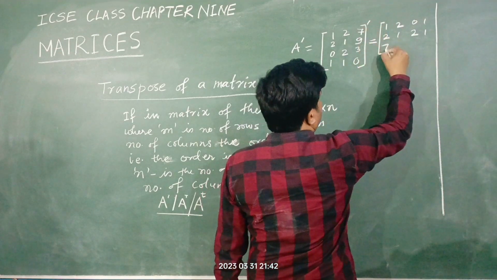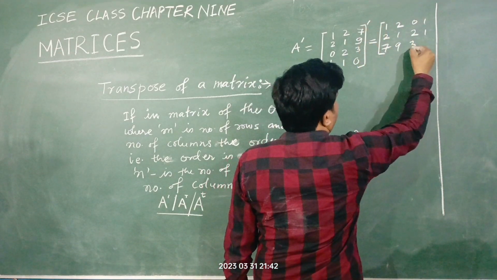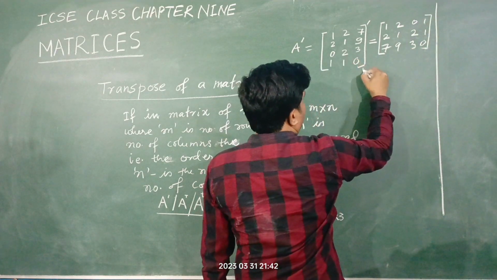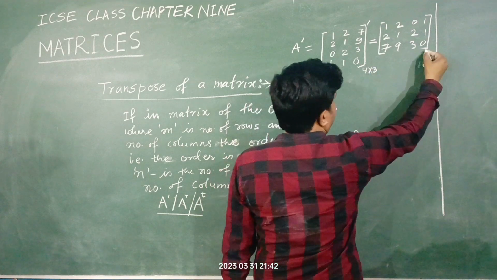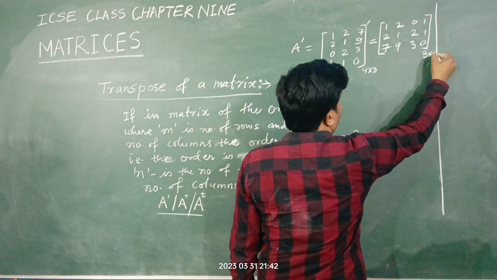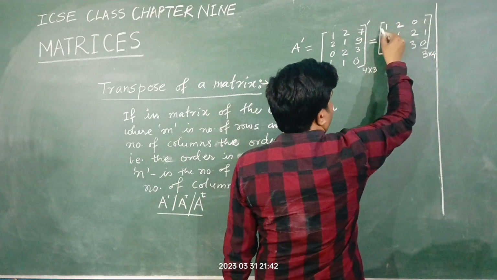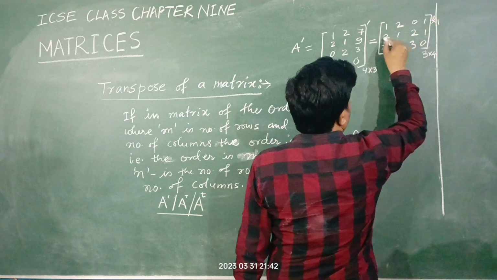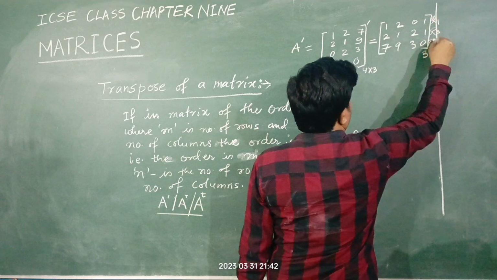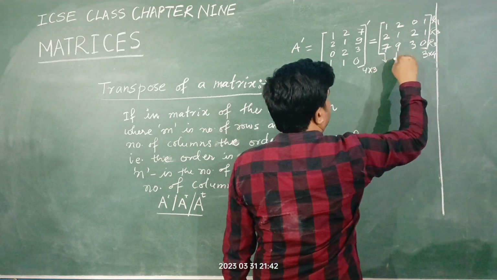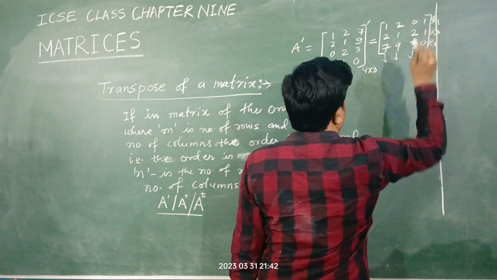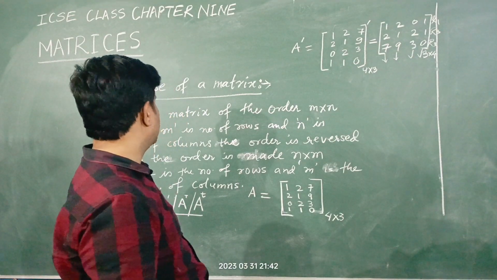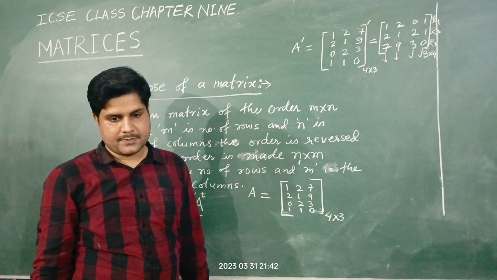Then 7 9 3 0. So now you can see the order here was 4 cross 3, but here the order is 3 cross 4. Now it has 3 rows: this is row 1, this is row 2, this is row 3, and this is column 1, column 2, column 3 and column 4. This is self-evident here. So now we have the concept of the transpose of a matrix.